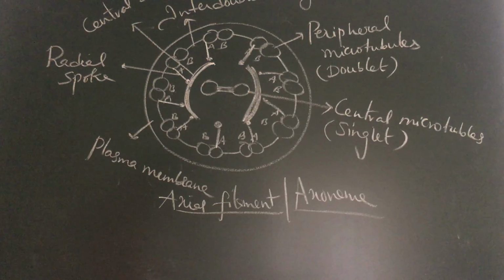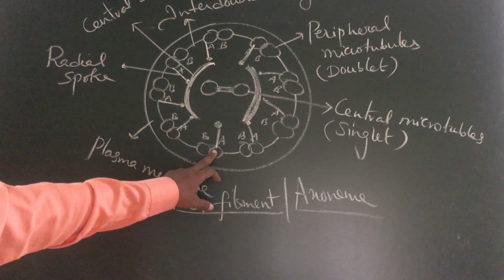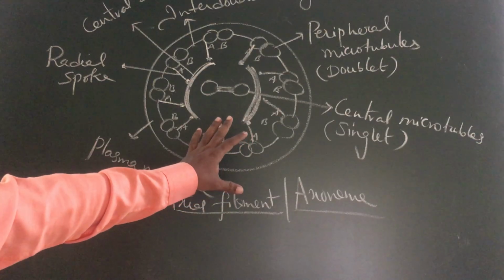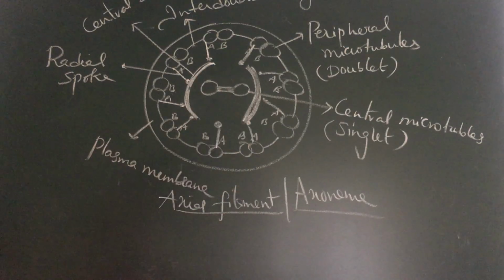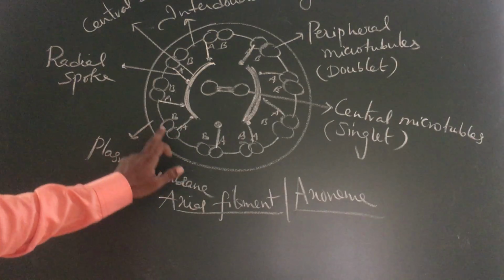Next, if you see, there are nexin connections for the A microtubule, which has the interdoublet bridges. Here there are certain outer spaces.